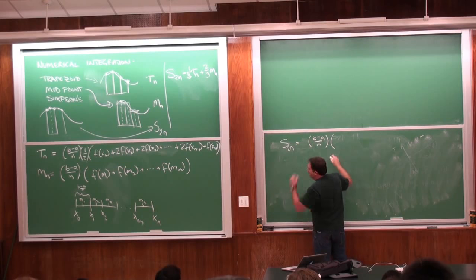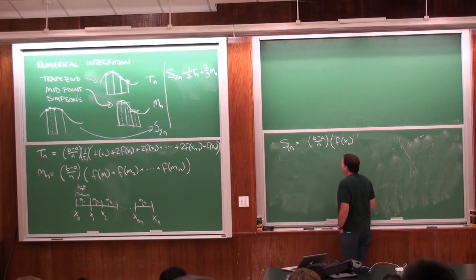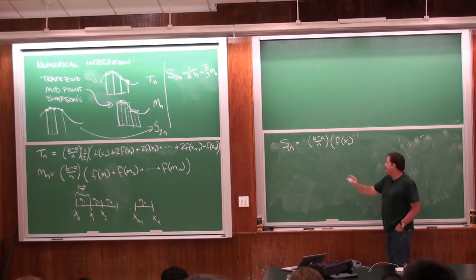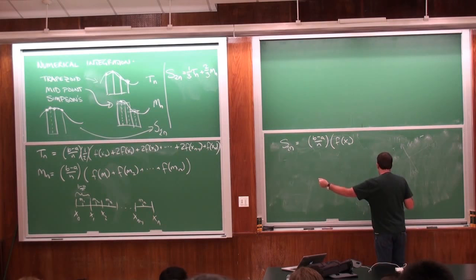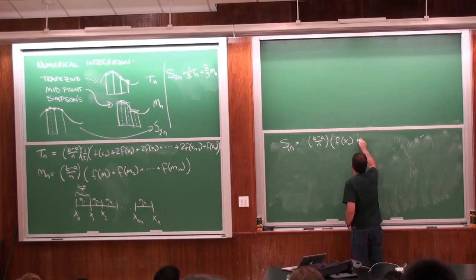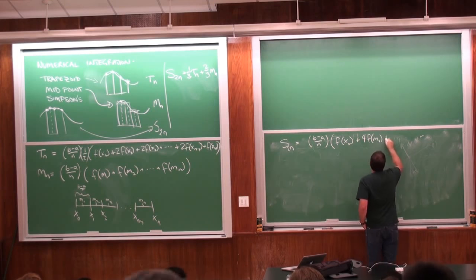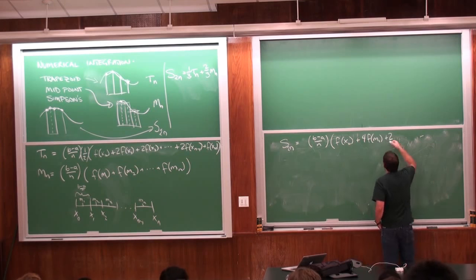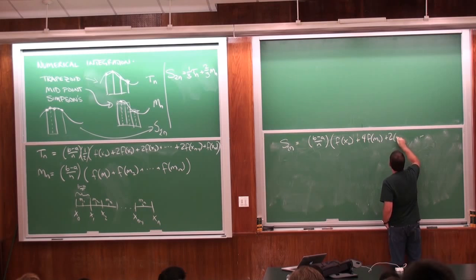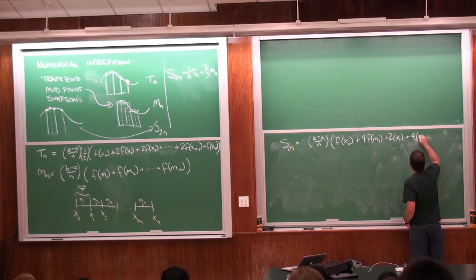So I'm going to take the function at the extreme right side, way over there, the lowest value. And then I'm going to take 4 of the midpoint. And then I'm going to take 2 of the left side, which is also a right side. And then 4 of the next midpoint.